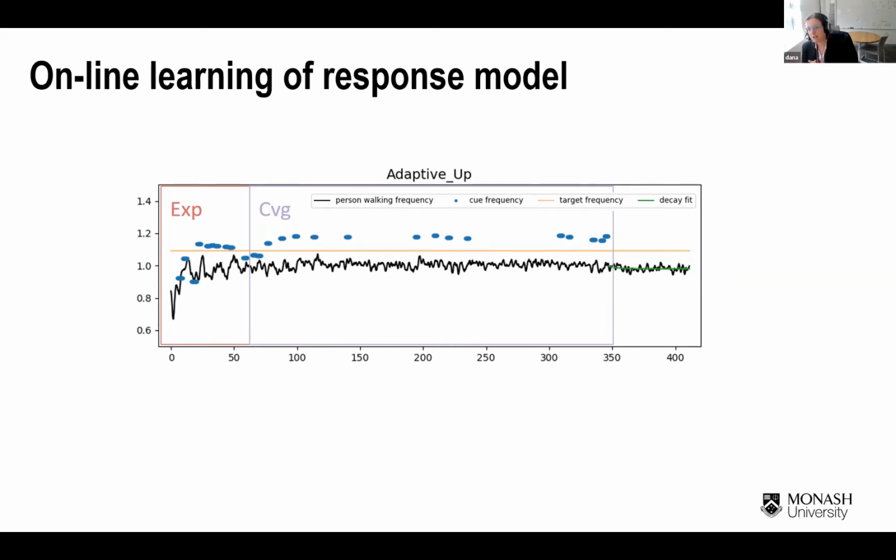One of the things that we really care about is we want the learning to be fast so that the person is not spending a lot of time responding to random and not useful cues. The convergence in this example I'm showing here happens at around 70 seconds of data.